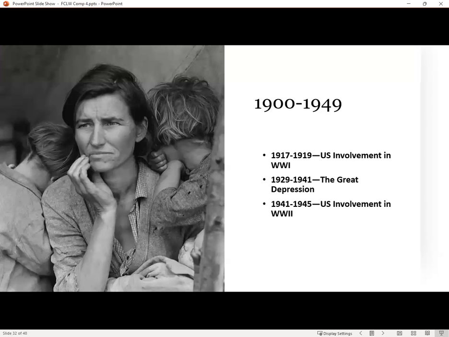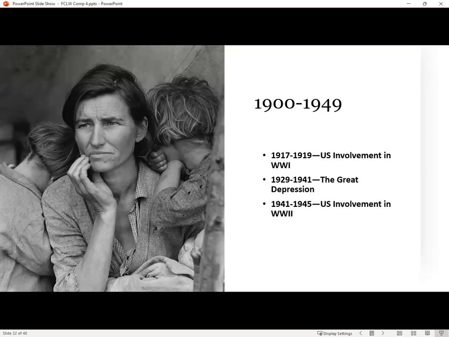Then we have from 1900 to 1949. In this period of history, a lot is going on. We had 1917 to 1919, World War I, the U.S. involvement. From 1929 to 1941, we have the Great Depression. 1941 to 1945, U.S. involvement in World War II.